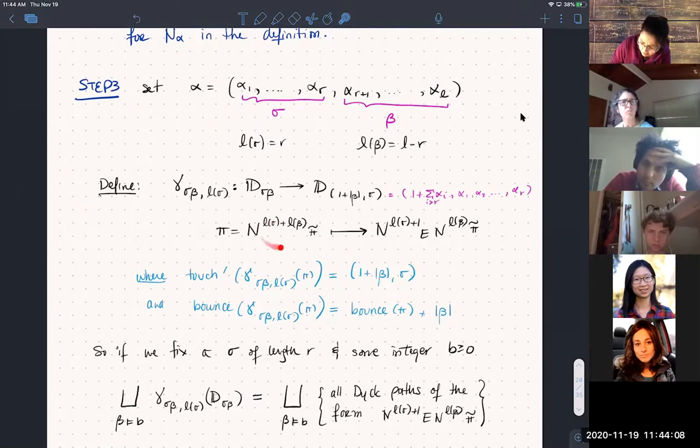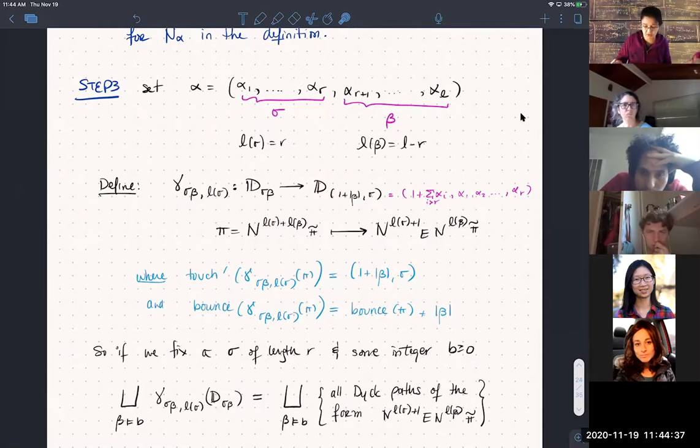And then we're going to map that to the following dict path, which, again, notice, starts with L of sigma plus 1 north steps, and L of sigma plus 1 is exactly the length of this because it's the length of sigma plus 1 piece, one more entry at the beginning. So this ensures that this really does live in this set.